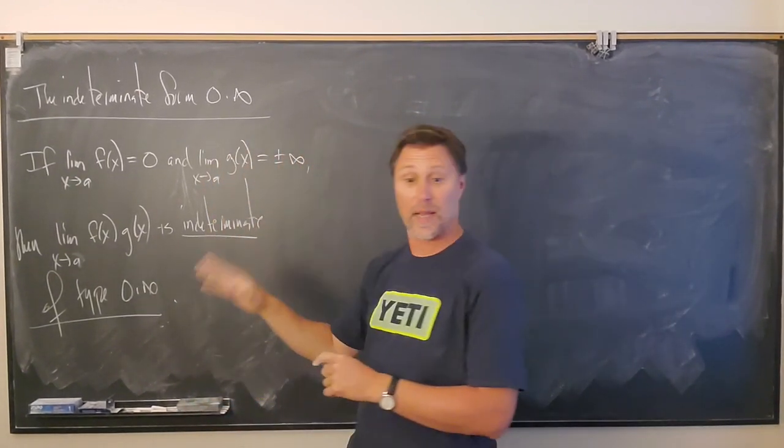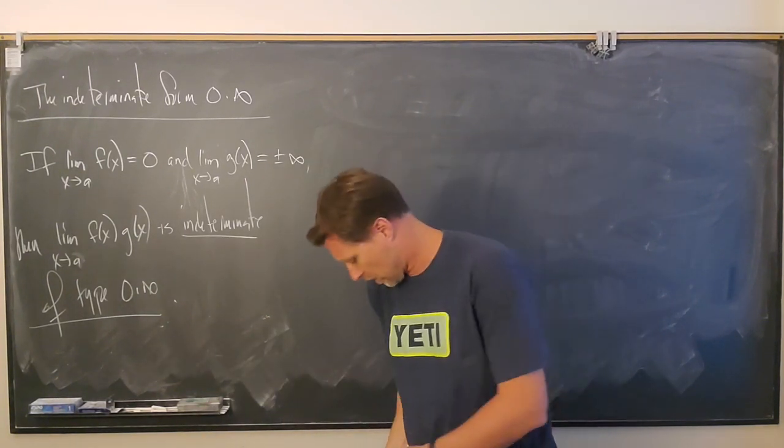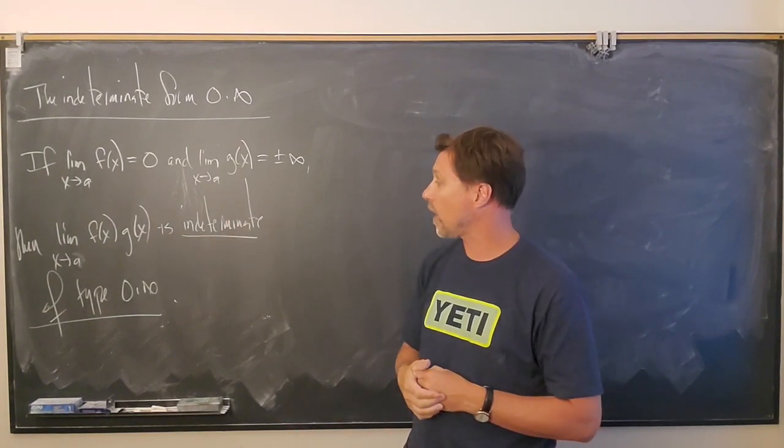So 0 times a number, of course, is equal to 0, but 0 times infinity does not necessarily equal 0. What it means is that further analysis is required.